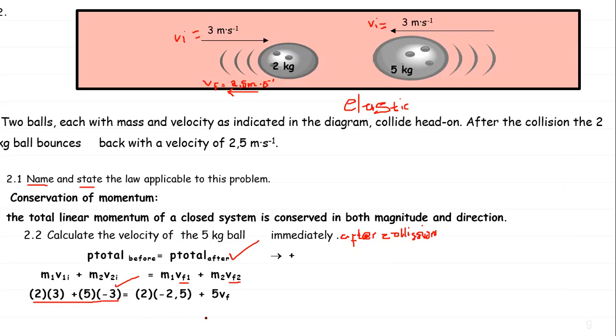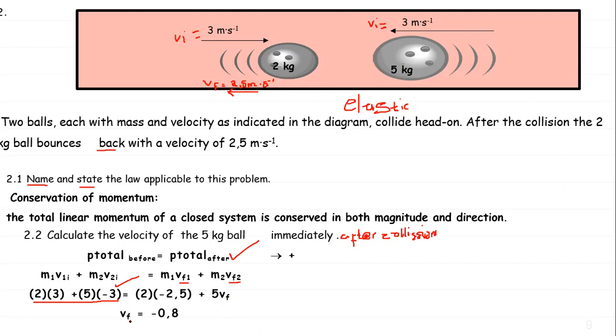Then after the collision, this 2-kilogram one has a mass of 2 still, and the velocity after the collision is 2.5 meters per second, but they told us it moves back. It means it went back to the original direction, which is the left, and hence we have a negative there. Plus the mass of the ball after the collision, it's still 5, and the final velocity after the collision we do not know.